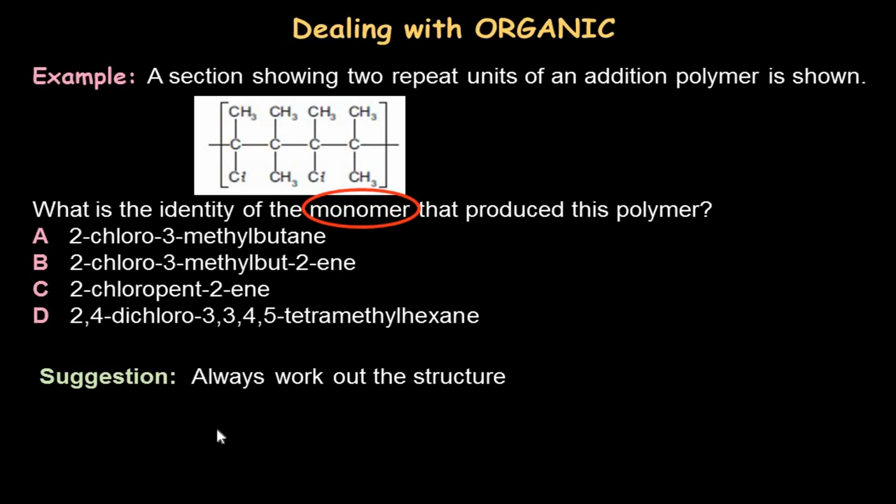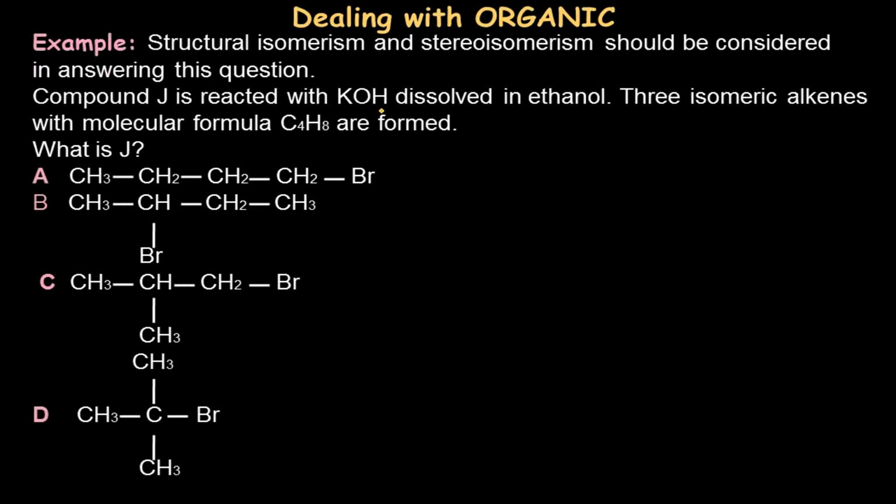So what I would always suggest in the organic questions is that always work out the structure of the organic parts or the compounds given in the question and then only look for the answer. Let's have another example for the same, that is dealing with the organic questions. It says structural isomerism and stereoisomerism should be considered in answering the question.